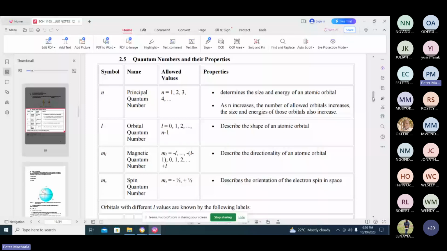So if I tell you that we are dealing with principal quantum shell number 1, we can only have the sublevel n minus 1, which is 0, the S sublevel, right? Yes. If we go to principal quantum shell number 2, it can have sublevels from 0 up to 2 minus 1, which is 1.